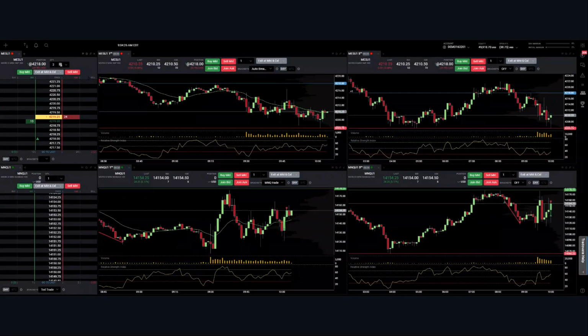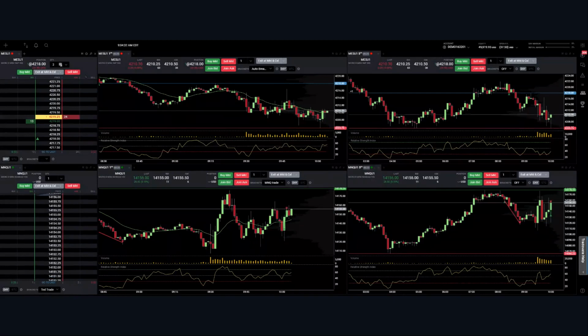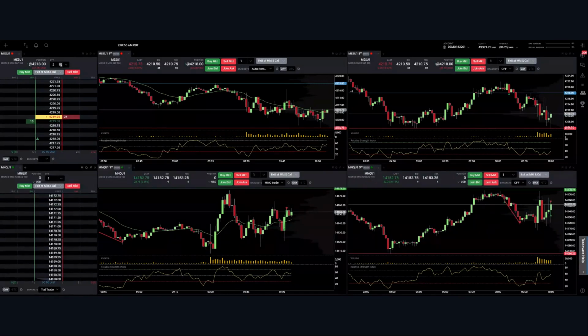Now this is called the DOM, I think. That's what they call it. It's not in the chart, but it has the same features as the chart, other than having a chart. You can see the number of trades going on here.